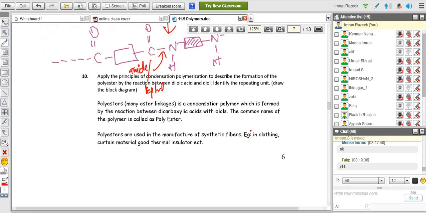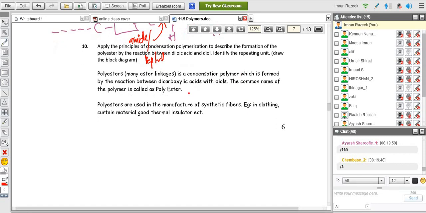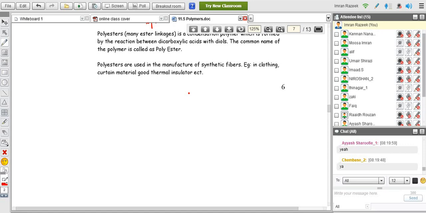Okay, right. So let us apply the principles of condensation polymerization to understand how the polyester is formed between dioic acid and diol, and also we'll try to understand the repeating unit. Now, when it comes to addition polymers, I explained how to name them.